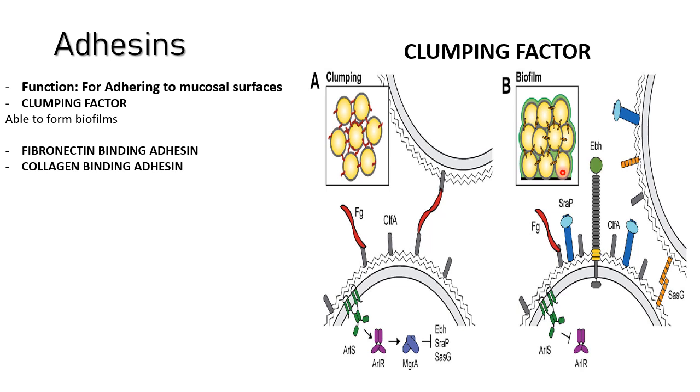So the best thing that you would like to do for such a patient is simply to withdraw the medical device and cut it out, or maybe even insert another catheter. So that's it about the clumping factor that I really wanted you to know about.